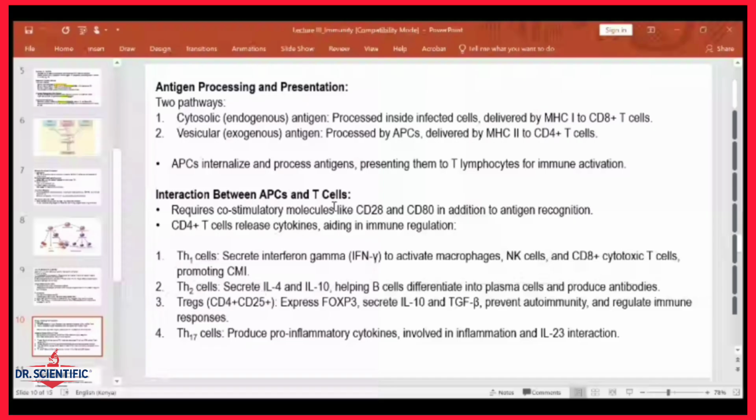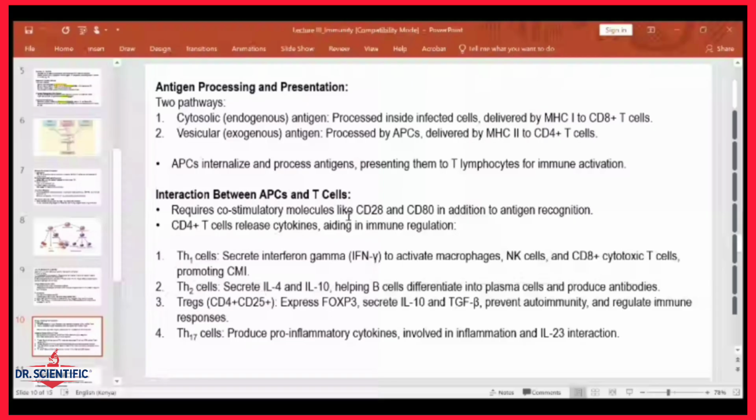So antigen-presenting cells interact with T cells via the T cell receptor. Apart from that, they require costimulatory molecules, specifically CD28 and CD80. Apart from their normal interaction through the TCR, they need CD28 and CD80.